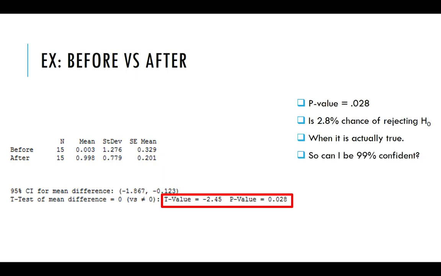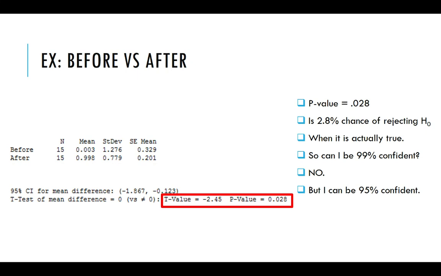So guys, can I be 99% confident? No, because 99% confident means I'm only accepting a 1% chance of making an error, but I have a 2.8% chance of making an error. So can I be 99% confident? No. But do we agree we can be 95% confident?